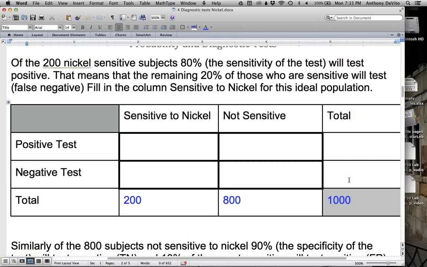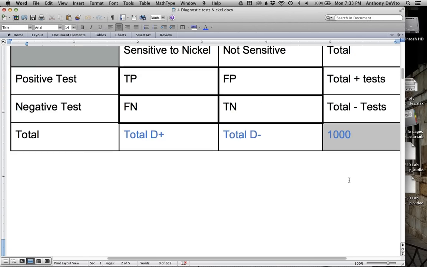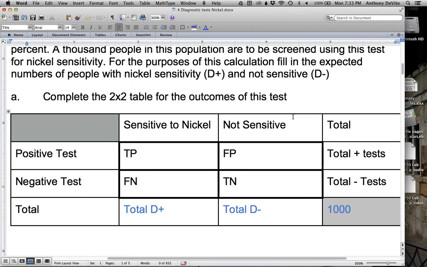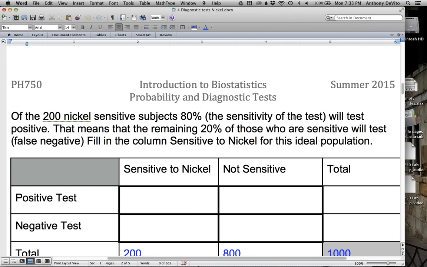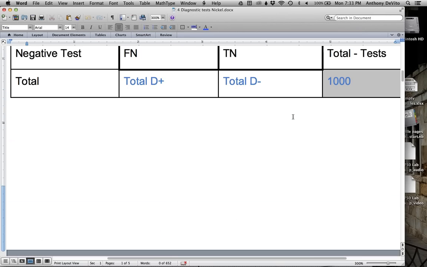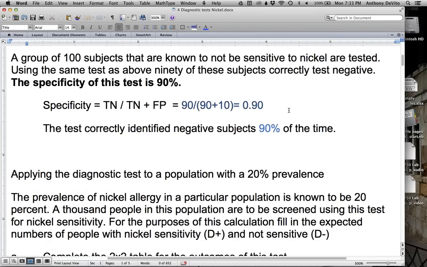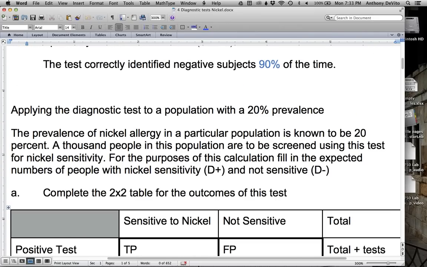So I'm going to make up a bogus population, randomly select a sample in this population of 1,000 people. What did I say prevalence of nickel sensitivity was? Remember what I said there? I'll go back. No, that was a sensitivity before. I said that the prevalence of nickel sensitivity in this particular population is 20%.